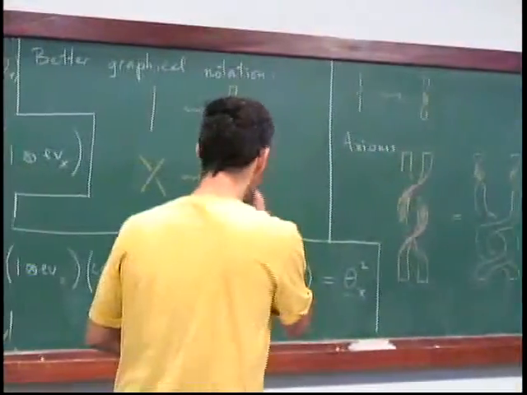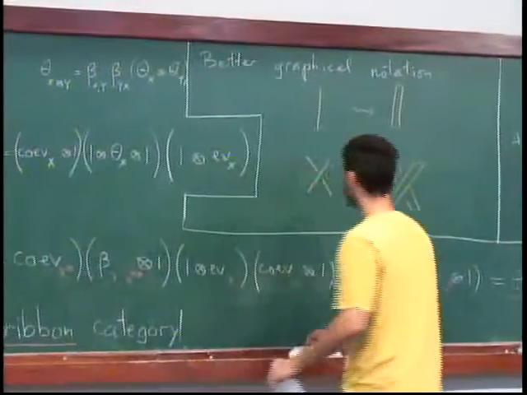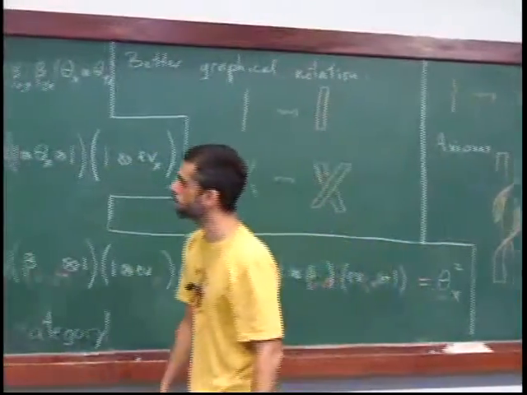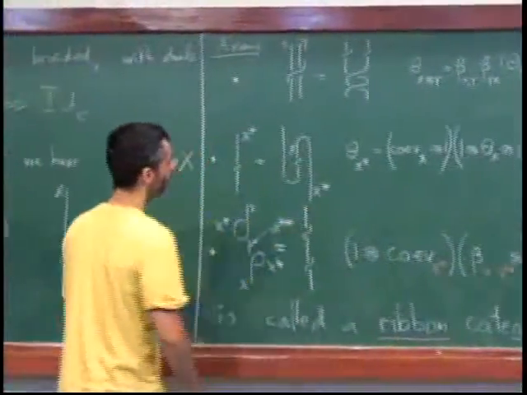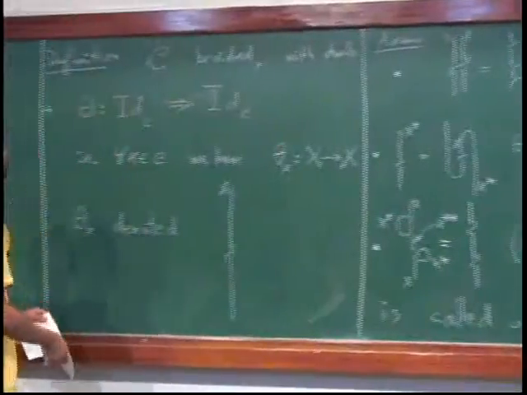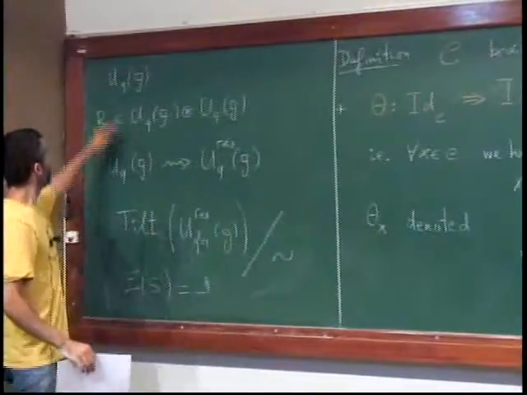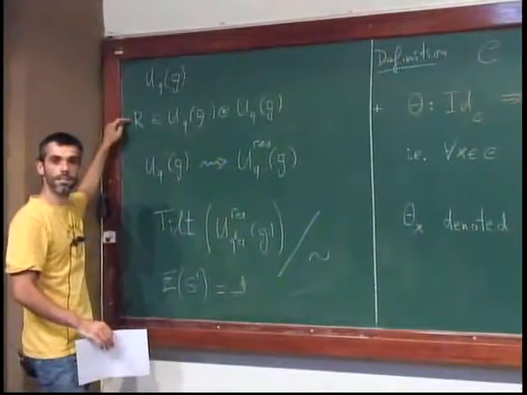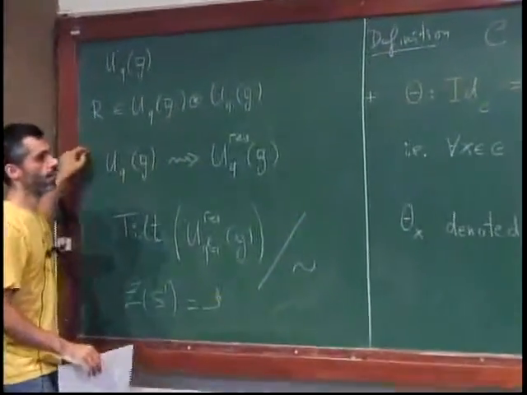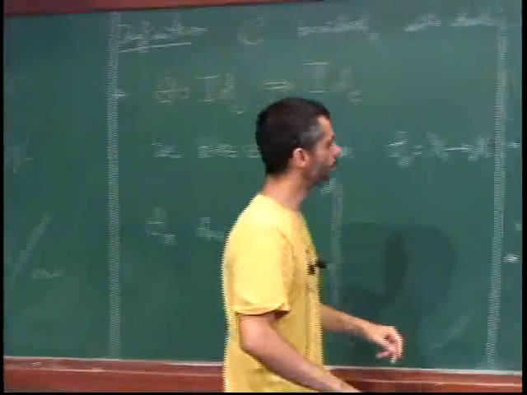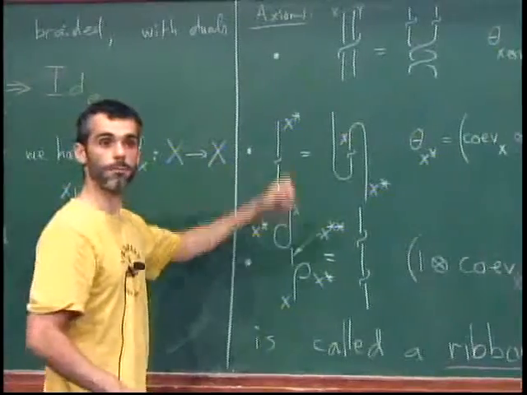Okay, so the goal for today is to construct examples of ribbon categories starting from a Hopf algebra with an R-matrix and with an extra piece of structure that's going to correspond to this guy.